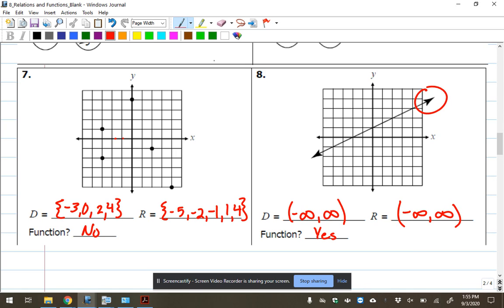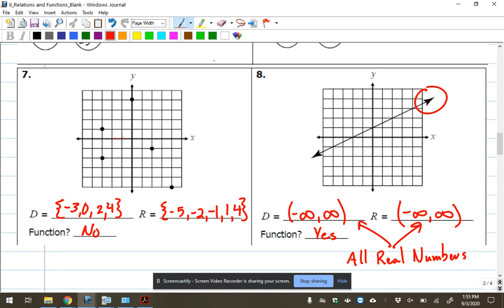So the domain and the range for this one are both all real numbers, or negative infinity to positive infinity. Remember that also means all real numbers. So don't forget that using those words means the same thing. I like the interval notation best, but know that also means that.